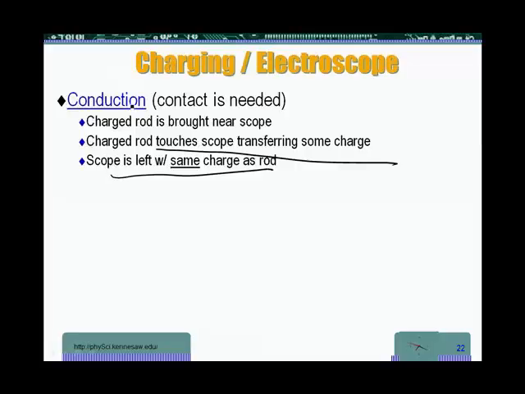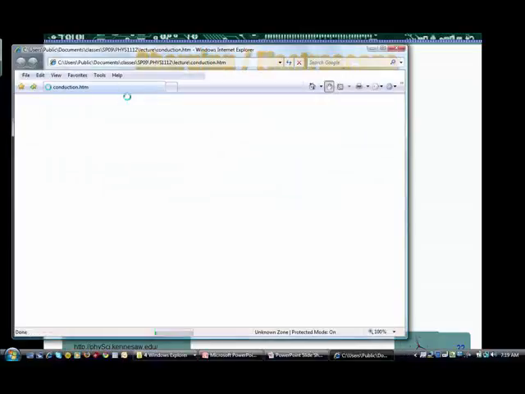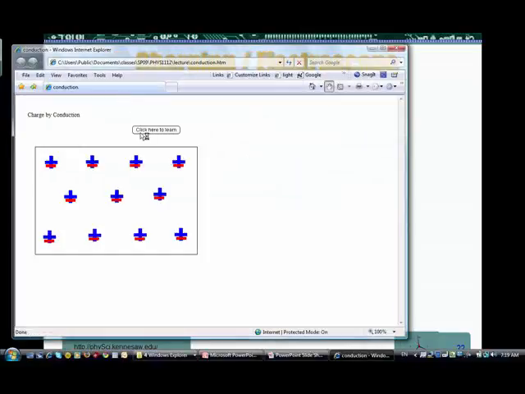Let's see here if we can run this tiny simulation. Okay, so we approach the rod and we touch it.